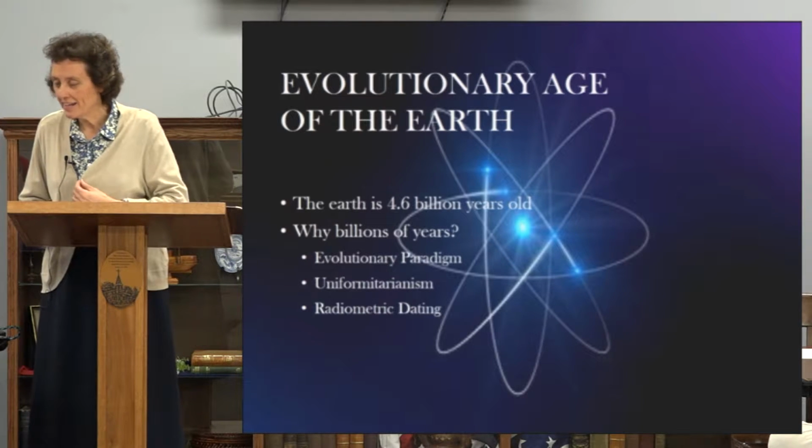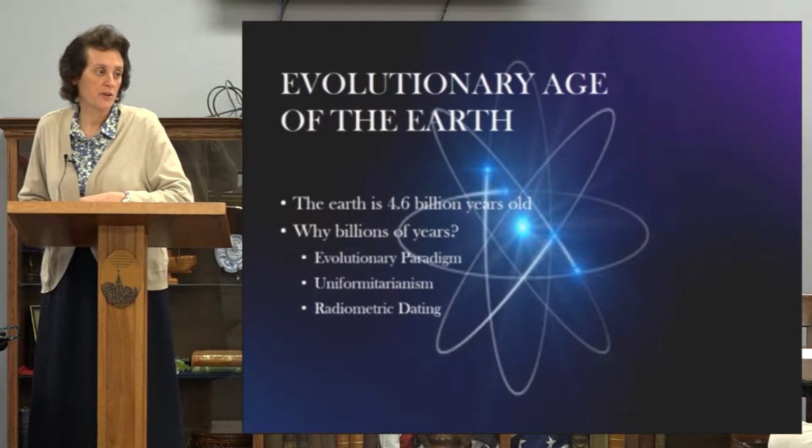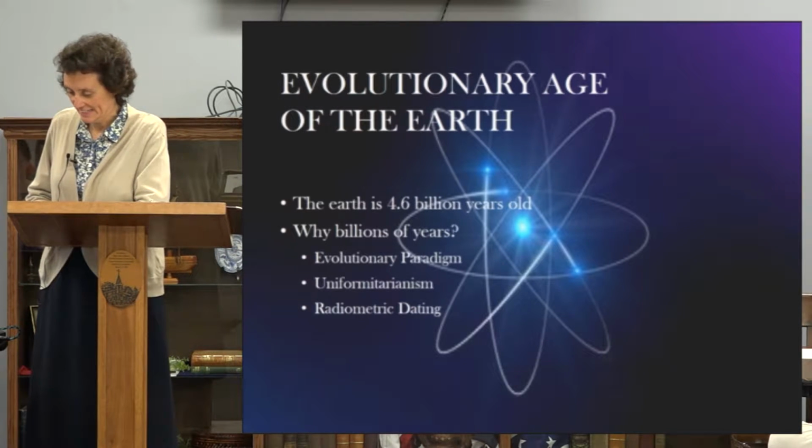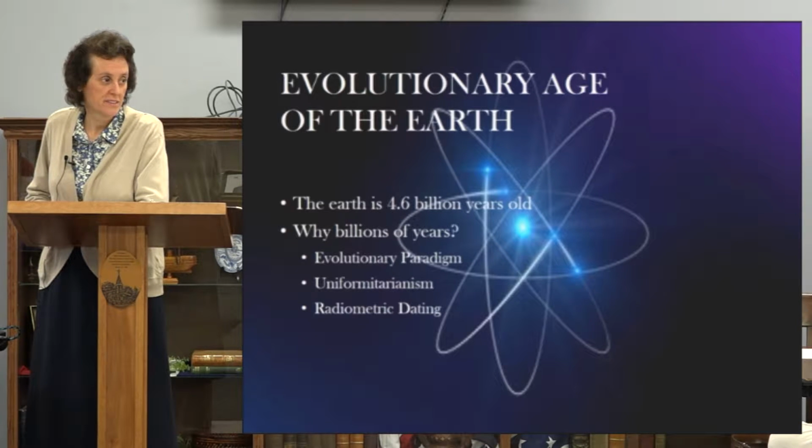So why do we date the Earth at about 4.6 billion years? There they are again. The evolutionary paradigm, number one. Number two, uniformitarianism. And now number three, radiometric dating.